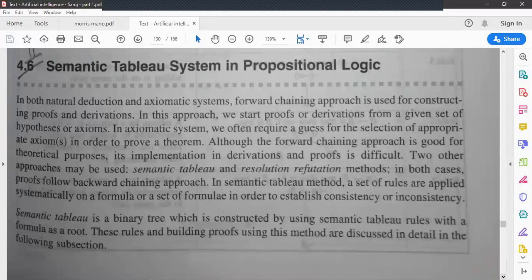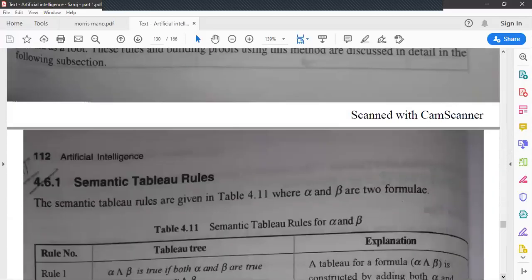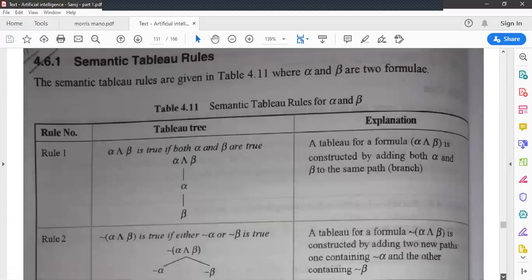Semantic tableau is a set of rules that are expressed in the form of a tree. You have a tree in which you can have two branches or you can have one branch, and the formula will be placed as the root of the tree, and from that root you can split it up into subformulas, and these rules are given in table 4.11.